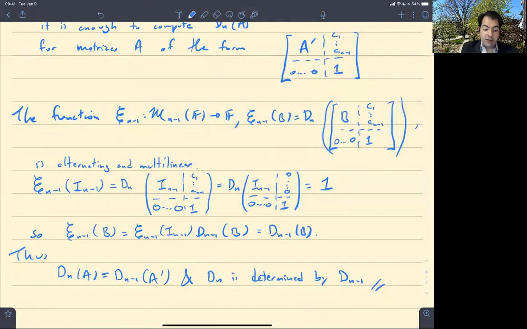So if you have a unique determinant function on size n minus 1 square matrices, then you have a unique determinant function on matrices of size n by n. Right? So that finishes existence and uniqueness, and we'll pick up from there next time.